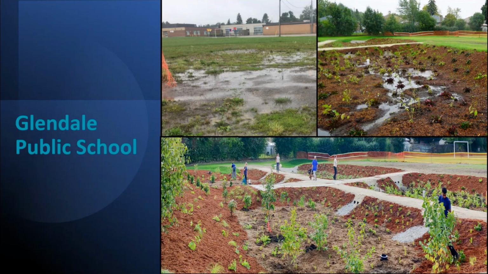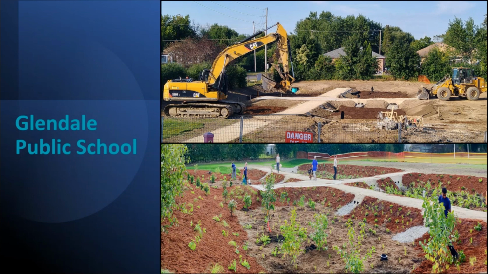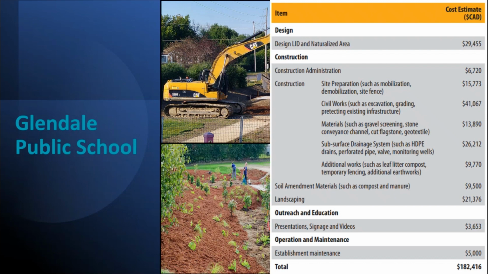The approximate cost of the rain garden project can be seen here. And here's the construction process as we're going through excavation. And here we can see the approximate cost of the rain garden in the attached table. Please note construction costs include soil amendments and the cost of landscaping itself, with the addition of vegetation on site. Operation and maintenance costs are estimated for the first year of the LID.